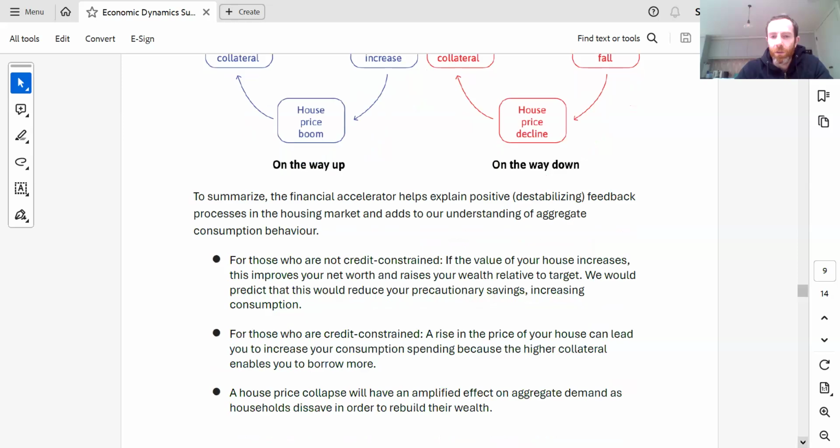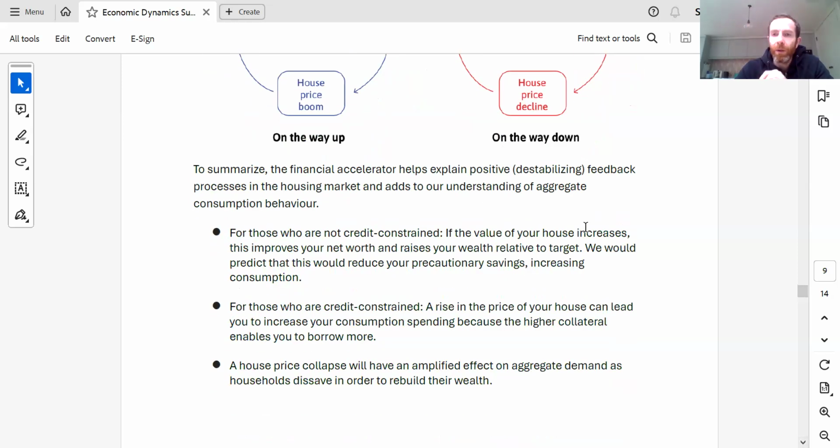So I think these bullet points underneath bring in a different point. They bring in this idea that actually this is also tied into aggregate consumption behavior, and for a very similar reason. So if we think about two types of individuals, those who are not credit constrained and those who are credit constrained, well, in both cases, what might happen to their aggregate consumption if the value of a house increases is kind of the same.